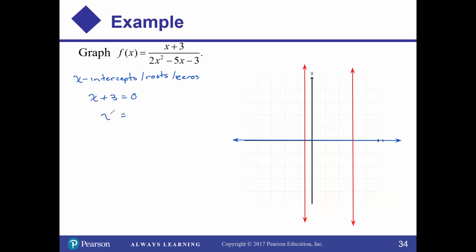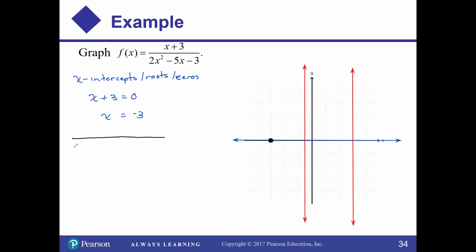And if I do that, we get x is equal to -3. So this means I have a point, 1, 2, 3, right here, where I'm supposed to cross the x-axis.